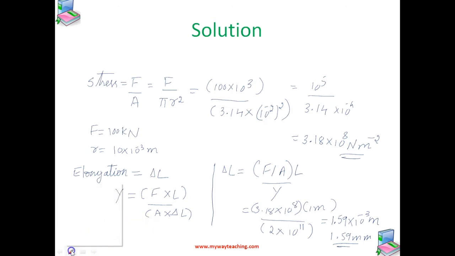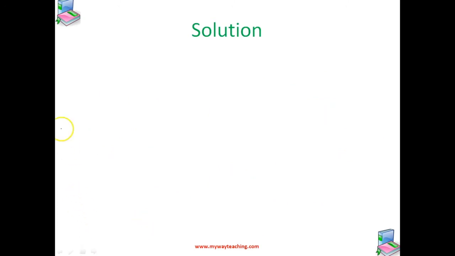Now moving to the third part of the question, they are asking us to find the strain. Strain is the change in length to the original length. So delta L is 1.59 into 10 raised to minus 3, and the original length is 1 meter.